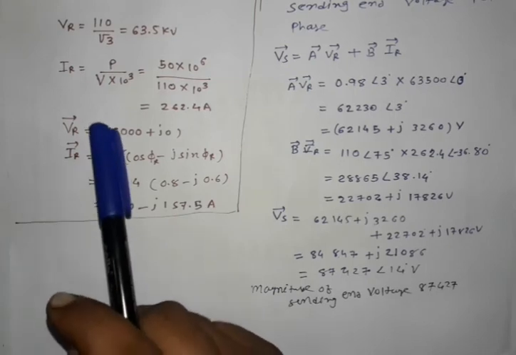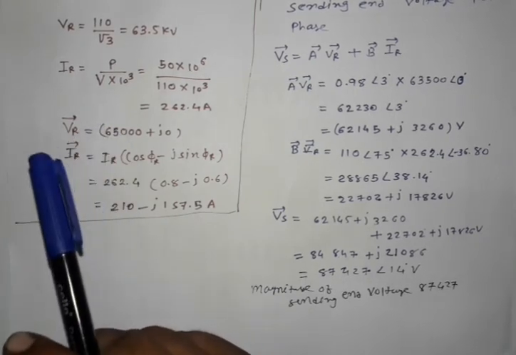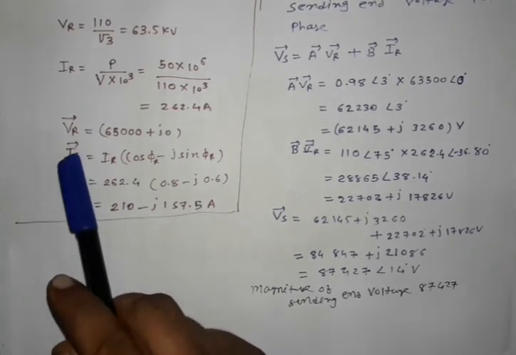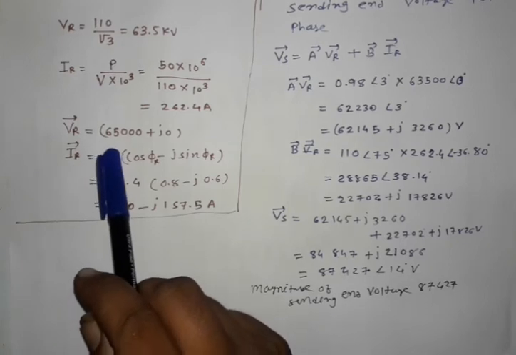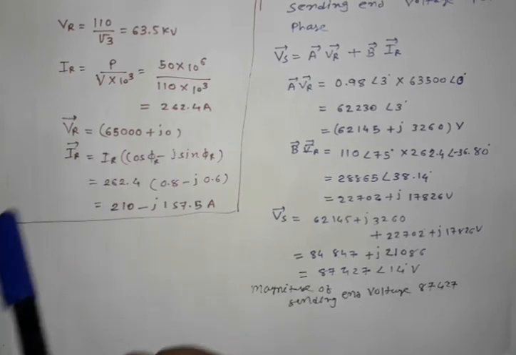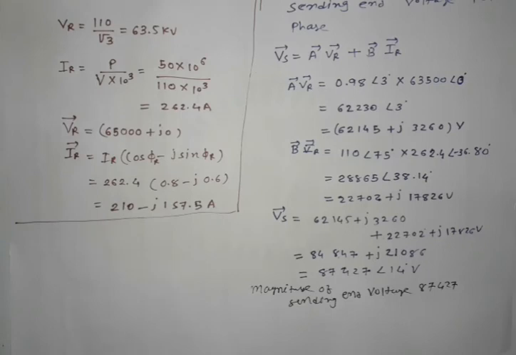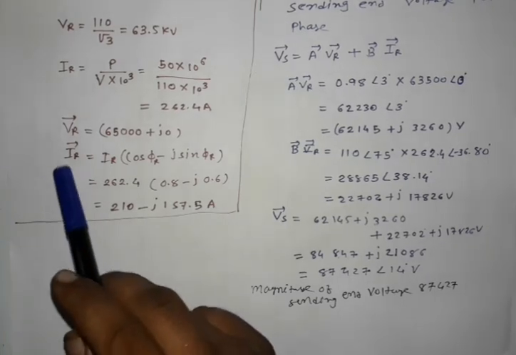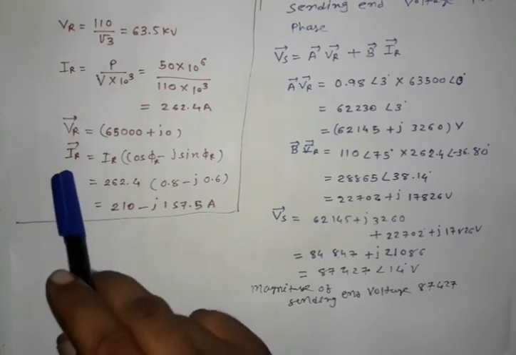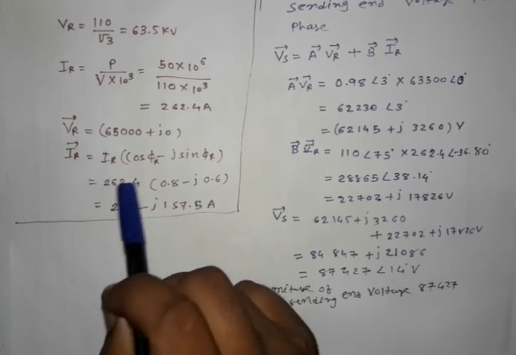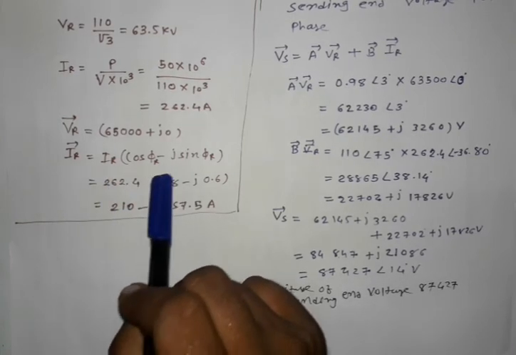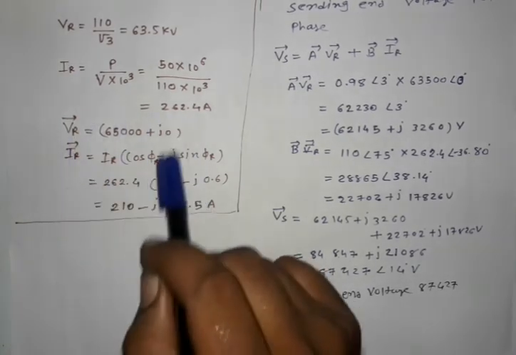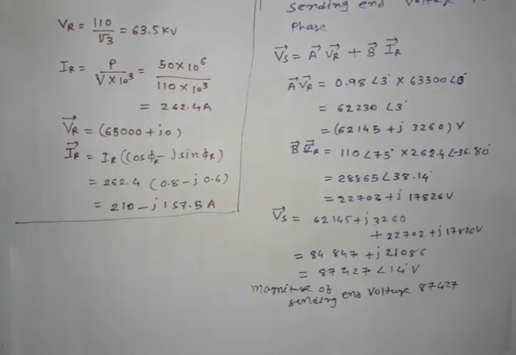Now we know that we take VR as the reference value. So VR is equal to 63,500 plus j0, because we take the angle as 0. Now the vector value of current IR: IR is equal to IR cos phi R minus j sin phi R. We already derived this type of equation in the T method and pi method.